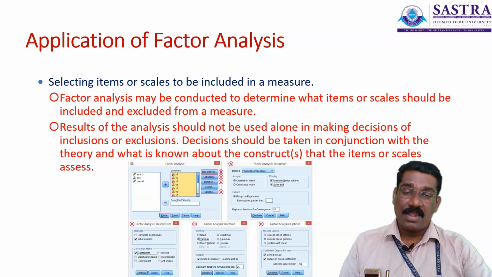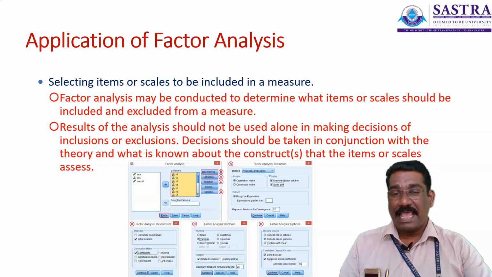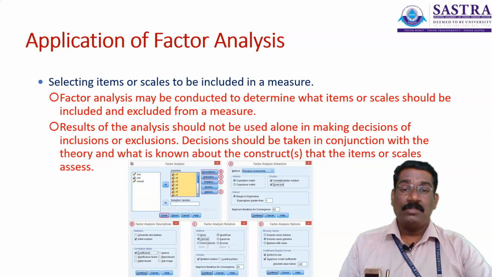Whenever you do factor analysis, it should be supported by both analyses. One is exploratory factor analysis and the other is confirmatory factor analysis. Normally, exploratory factor analysis is done by the software called SPSS, Statistical Package for Social Science, and the confirmatory factor analysis can be done using the software called AMOS, Analysis of Moment Structures.